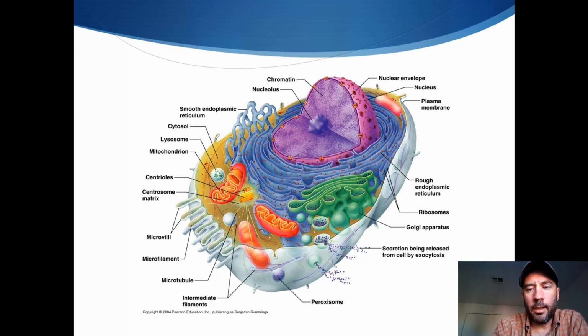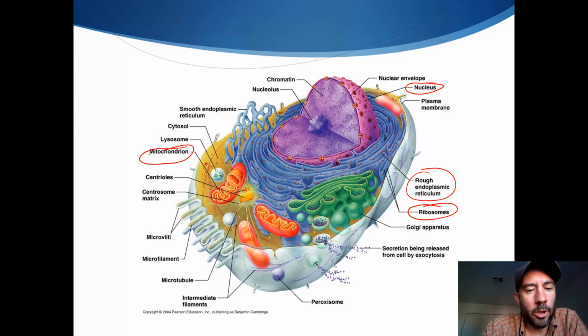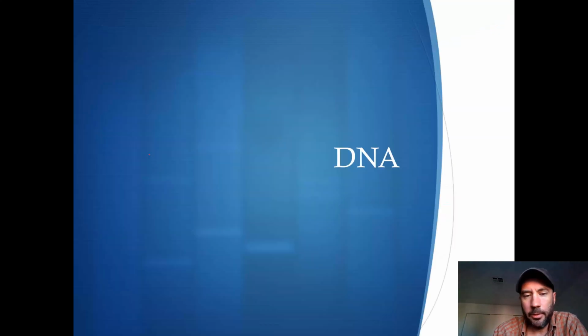But again, you want to know the nucleus, you want to know endoplasmic reticulum, you want to know ribosomes, you want to know the mitochondria. Mitochondria is plural, mitochondrion is singular. And those are the most important kind of parts of the cell that we'll be kind of coming back to.